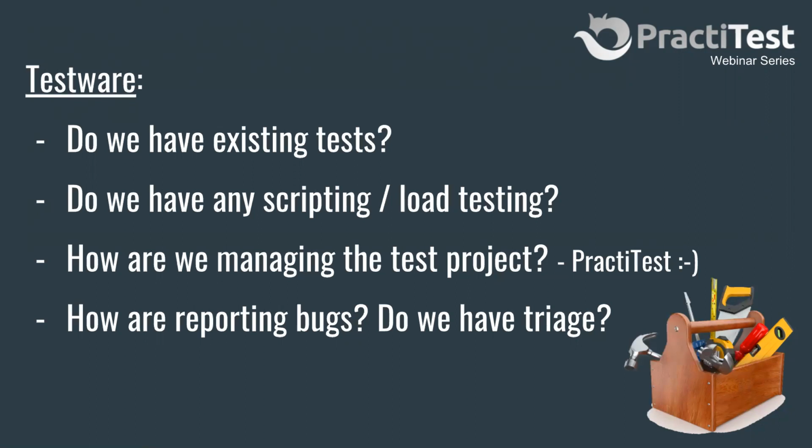I still think that bug reporting systems and bug databases are important. So how are you reporting and managing those bugs? And if you have a triage in place, and if you don't have a triage in place, you need to get one. That is how you're going to be deciding what to fix now, what to fix later, what not to fix, and who should start fixing that. So all of that I added to Testware, and obviously there's quite a lot more that you can add to that.